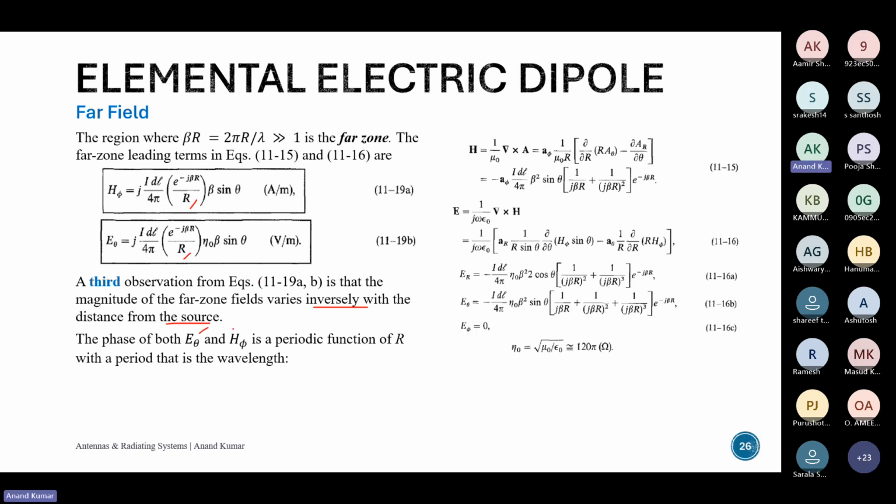And the electric and magnetic fields are a periodic function of r with the period that is the wavelength. This term over here, the field strength, is a function of r with a period which is 2 pi by lambda.